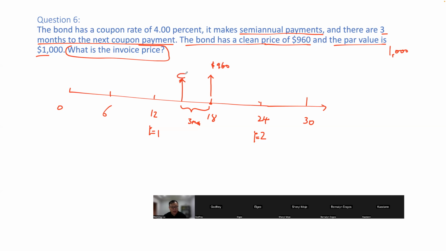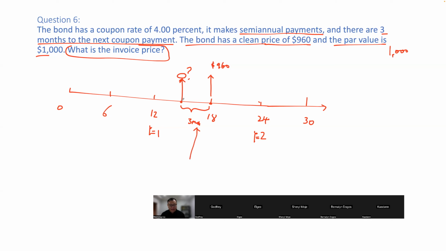Okay, so if you want to buy now, you can buy it here. What happened is you have to pay half of the coupon payment, because the seller here is eligible for half of the payment.